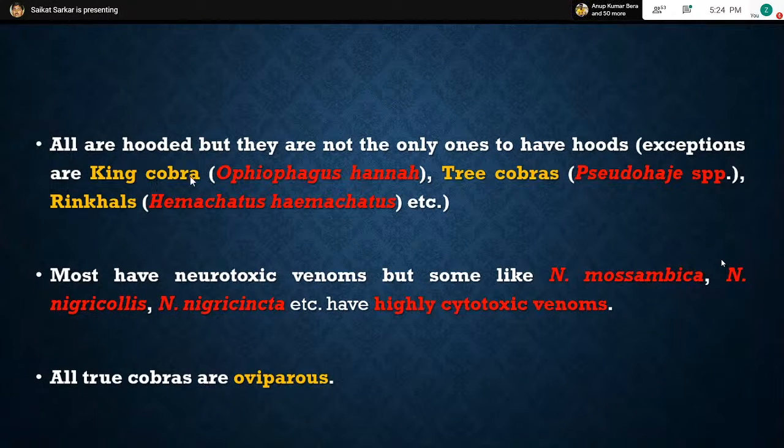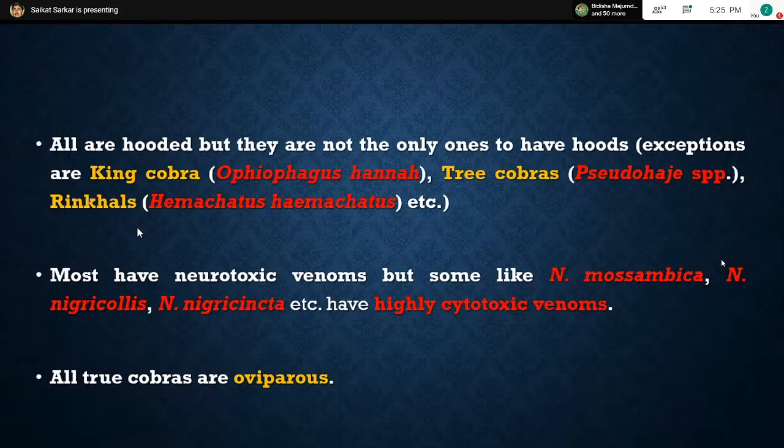These are not true cobras, but they have pretty big, long hoods. And tree cobras also have hoods, but they are not true cobras. Rinkhals have very impressive hoods, but they are not cobras.